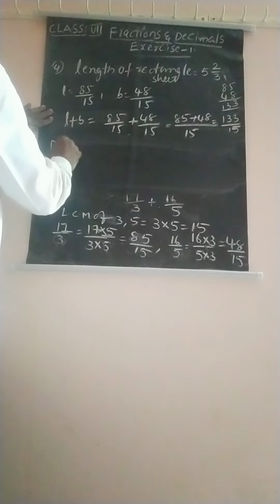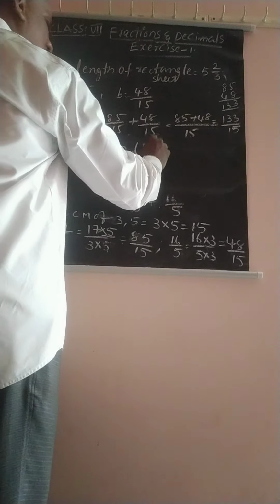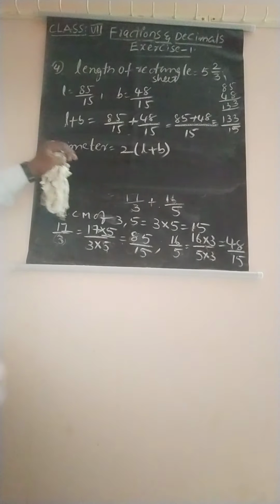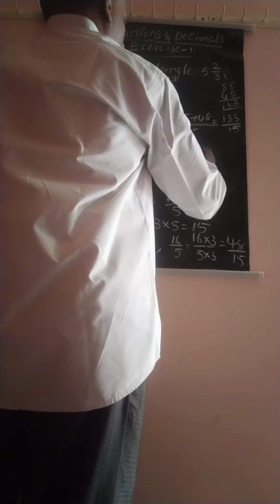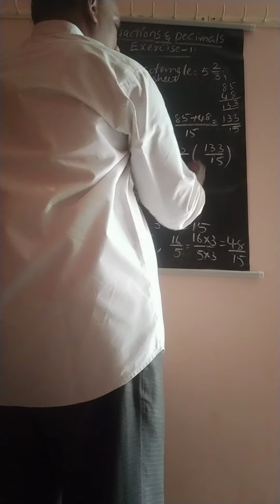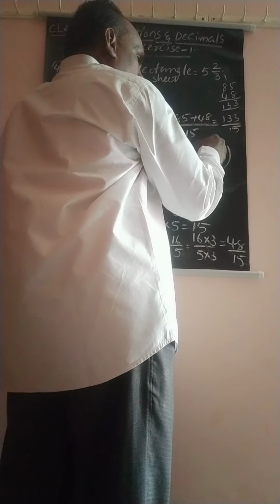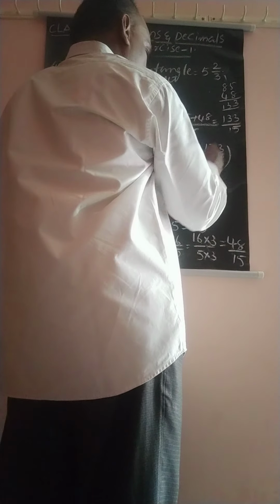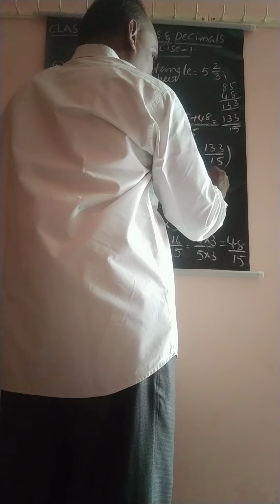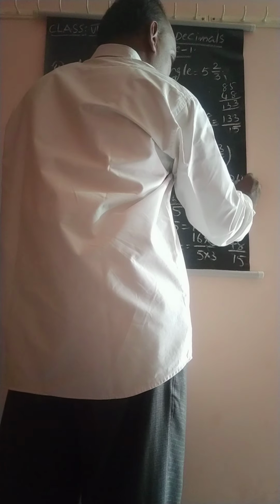Now perimeter is equal to 2 into (L plus B). That is equal to 2 into 133 by 15. If you multiply 2 into 133 by 15, this is the numerator, so 2 into 133 by 15 is equal to 266 by 15.